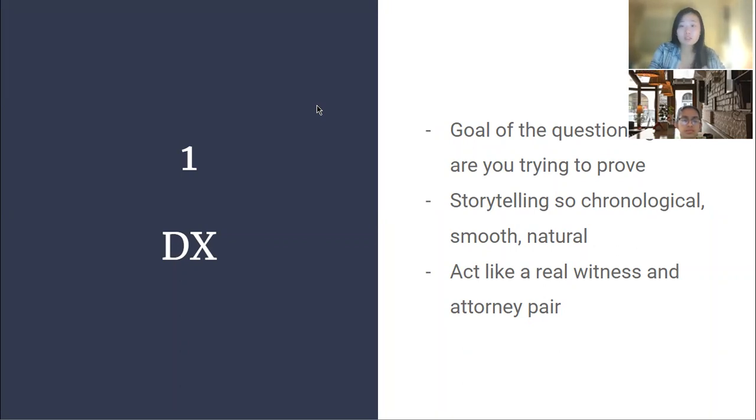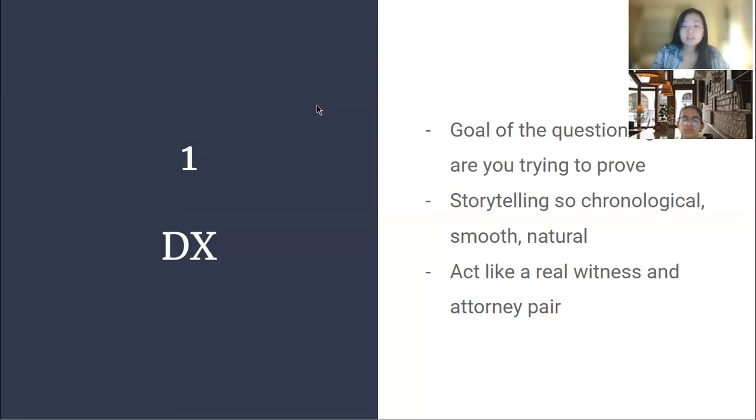And you can't make it way too broad, like what did you do on this day when the entire crime happened on that day, because then the witness is just going to go on and on about a lot of small details. So it has to be enough that the witness knows exactly what you want them to explain, but broad enough that they can do some explaining and it's not just a one-word answer every time.